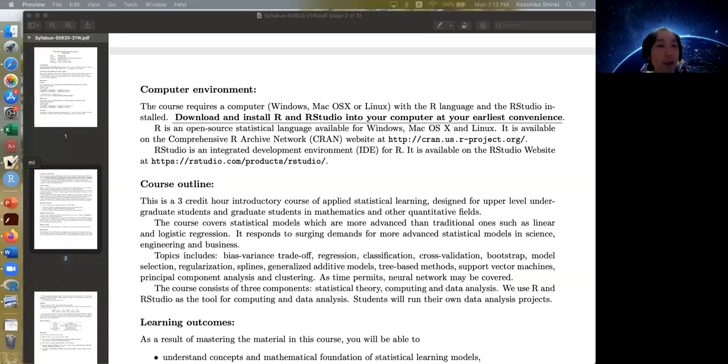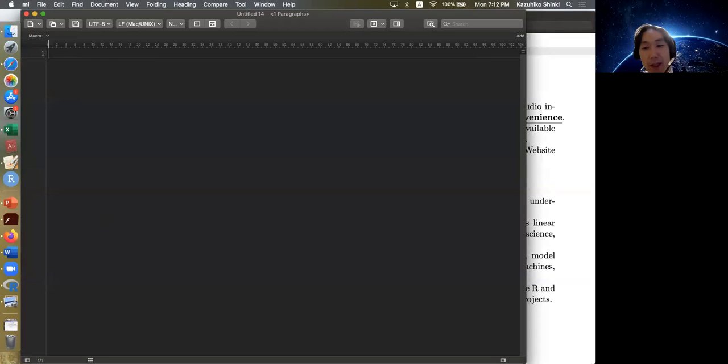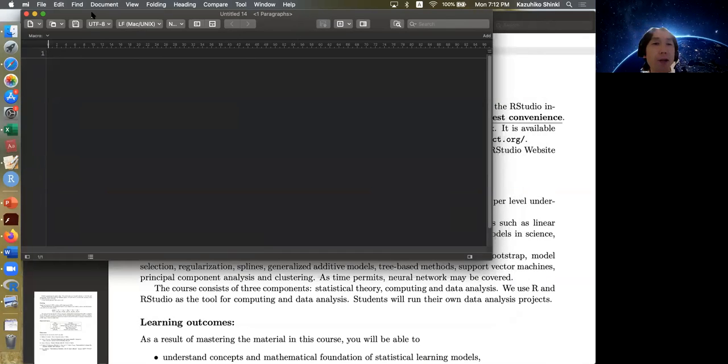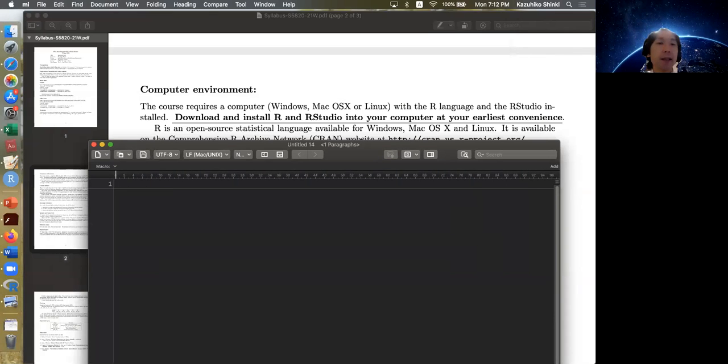Sometimes some of the students have difficulty installing RStudio. Yeah, I admit that it's sometimes complicated. I'm using a Mac, and at first you install R, and my computer also has MacTeX installed. TeX is the software to compile mathematical formulas.